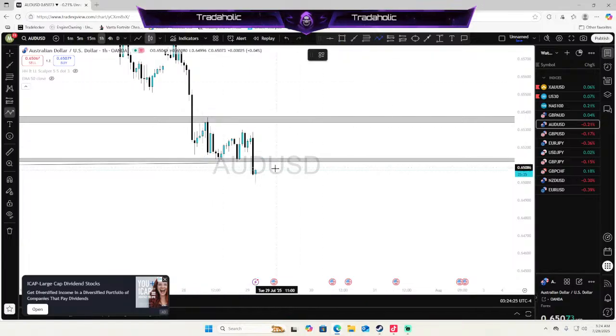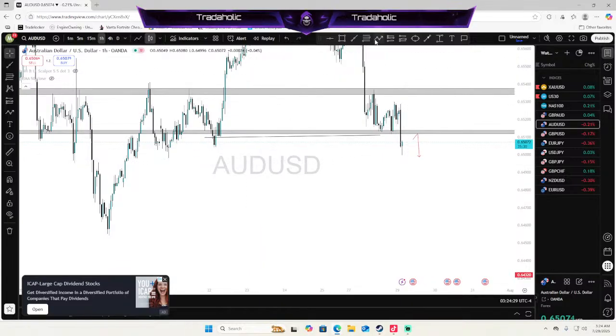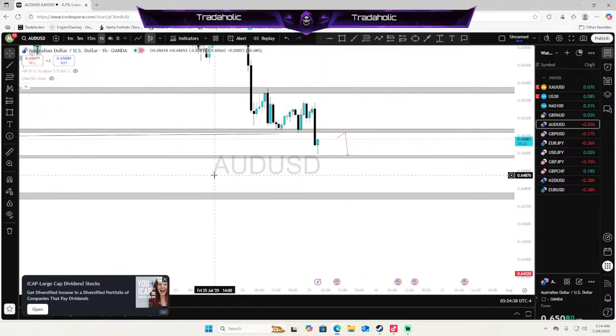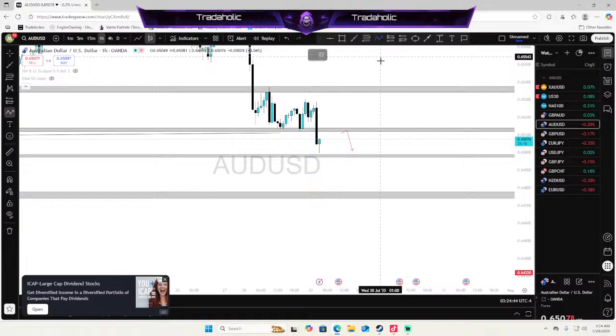And now we can wait for a retest back into this area for a trend continuation to go down. And this will be the range we're trading in. And below this range, we can look to trade this range down here. So I like these sells.